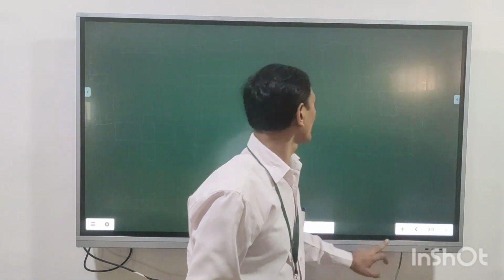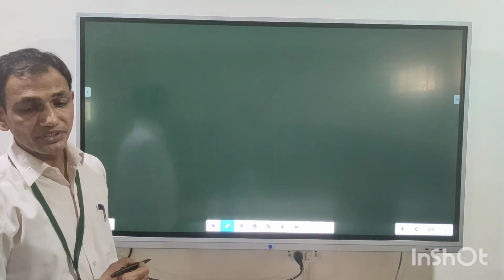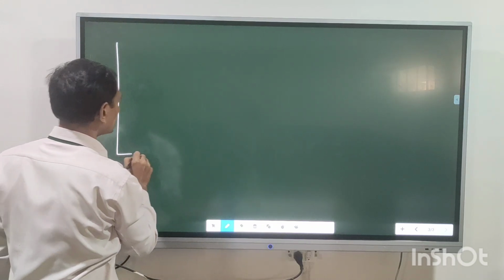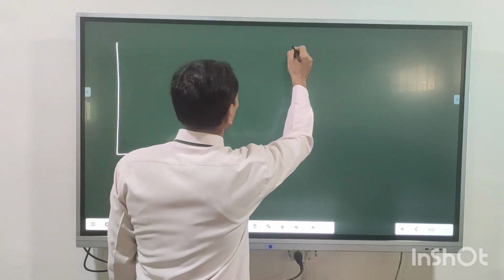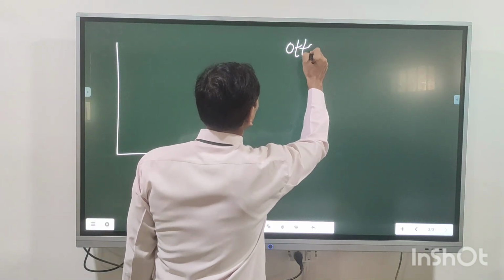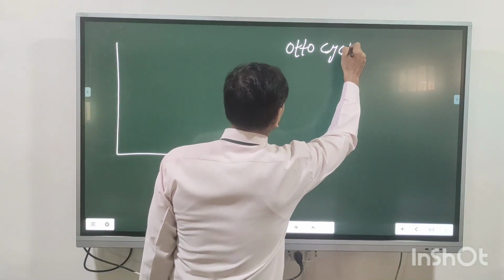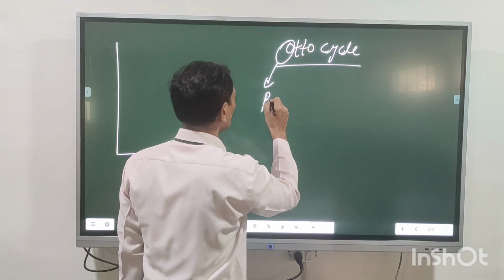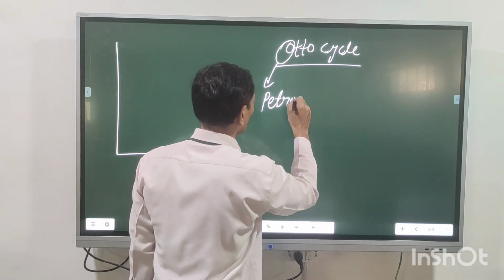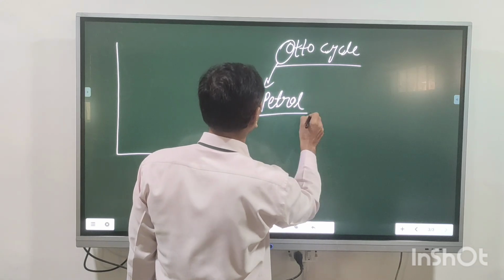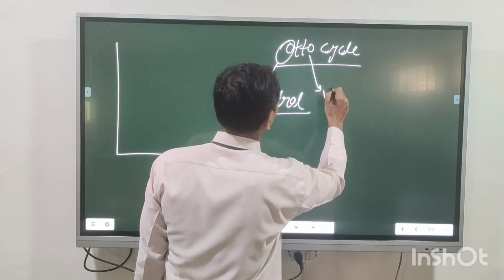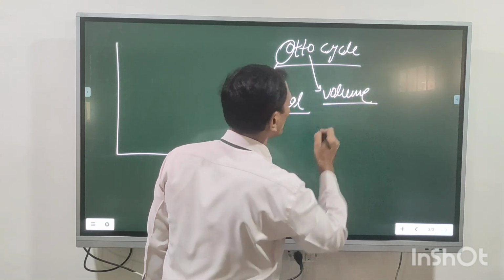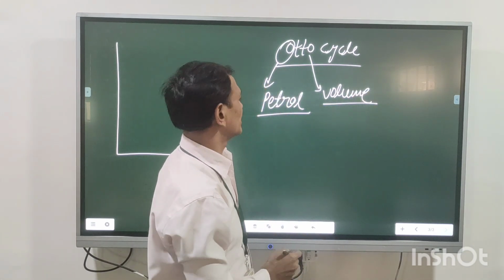Now we will find the efficiency of the Otto cycle. I have discussed the Otto cycle before. Otto cycle is also called the constant volume cycle.